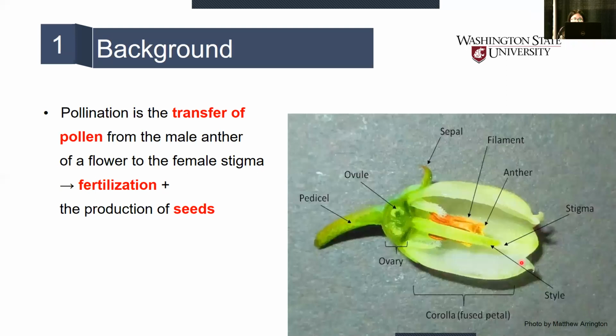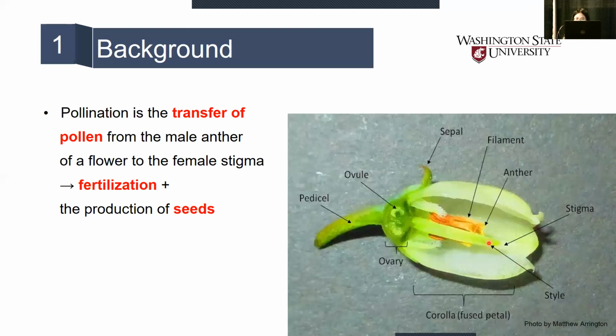Pollination is the transfer of pollen from the male anther of a flower to the female stigma, enabling later fertilization and the production of seeds. And please look at this photo. It's a blueberry flower. And in the center of this flower is the style.